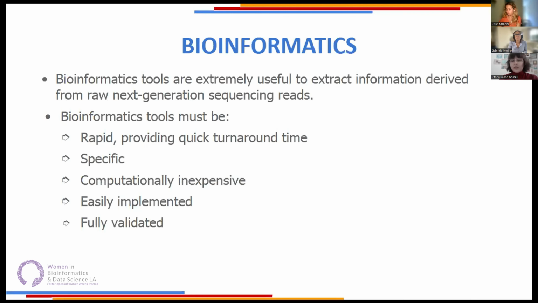They must be specific for the problem we want to resolve. They must also be computationally inexpensive, because not only is computational research very expensive, but time is directly proportional to it. So the bigger the computational cost, the more time the tool will need to perform its work. And finally, we need the tool to be fully validated, so we can trust its results without the need to double check it.